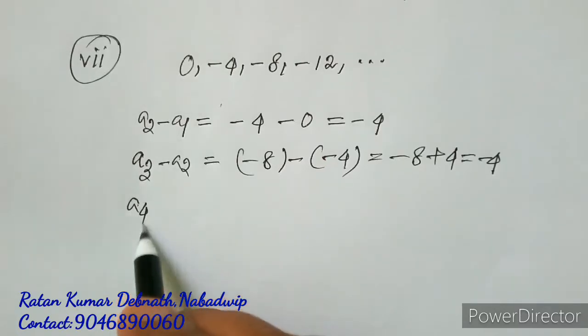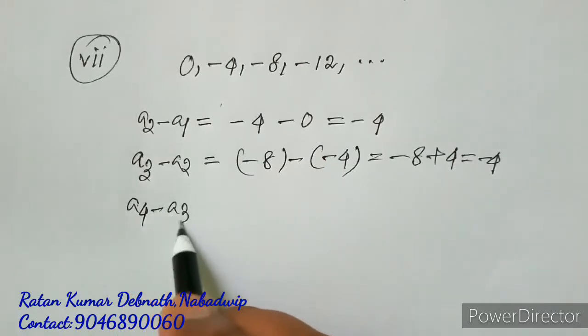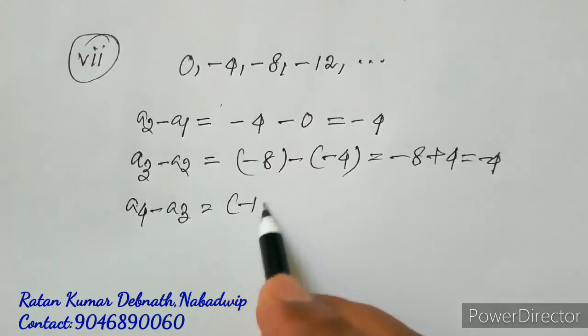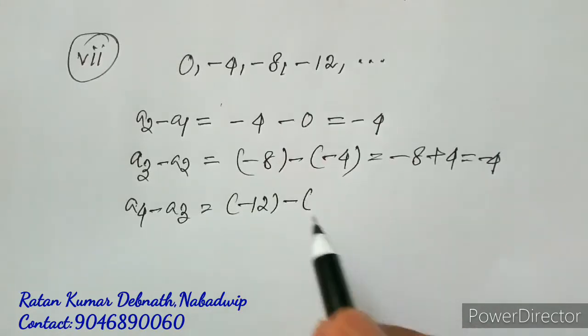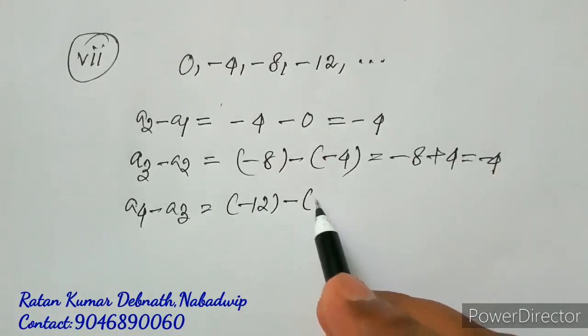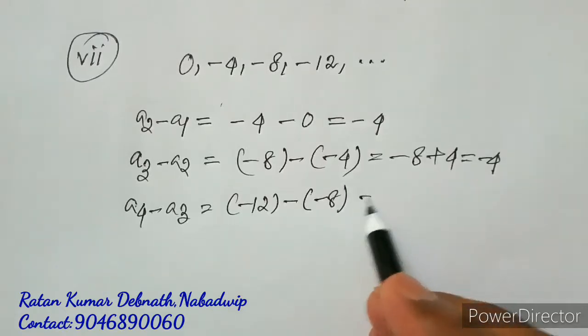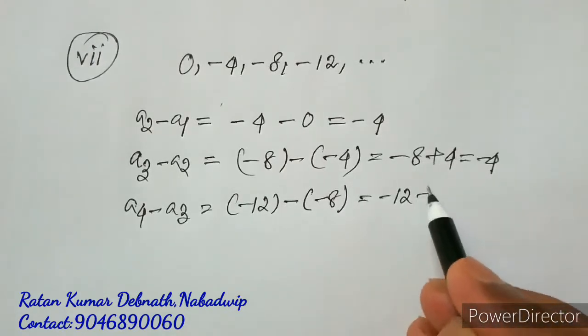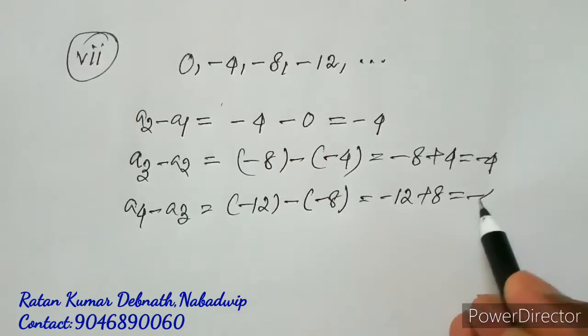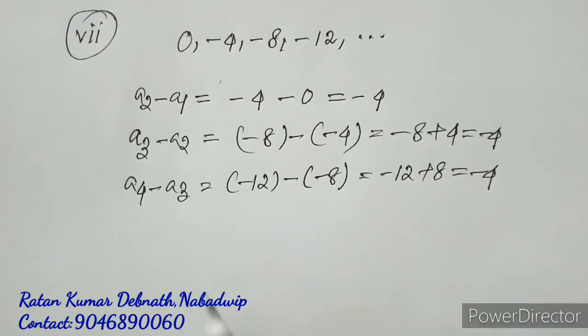Now a4 minus a3 means fourth term, that is minus 12, minus of minus 8, that is third term, minus 12 plus 8 results in minus 4.